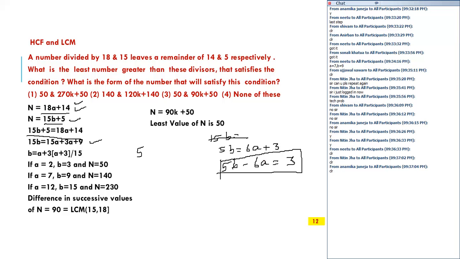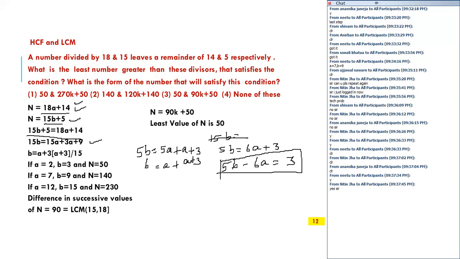So 5b equals 5a plus a plus 3. Can I write 6a as 5a plus a plus 3? Now what is b? a plus 3 by 5. a and b are integers.